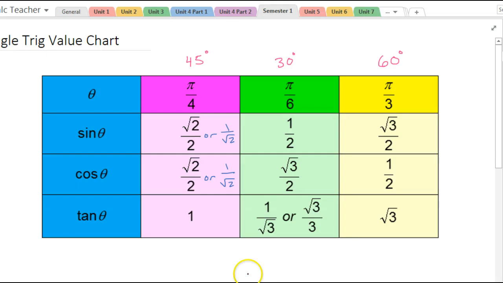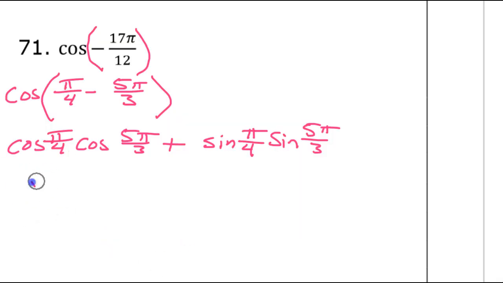But as we were discussing before, we've memorized the sine, cosine, and tangent of these three angles. So cosine of pi over 4, again, is radical 2 over 2. All right, now the cosine of 5 pi over 3 takes a tiny bit more thought.